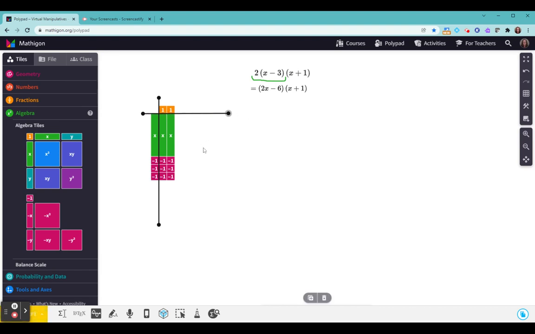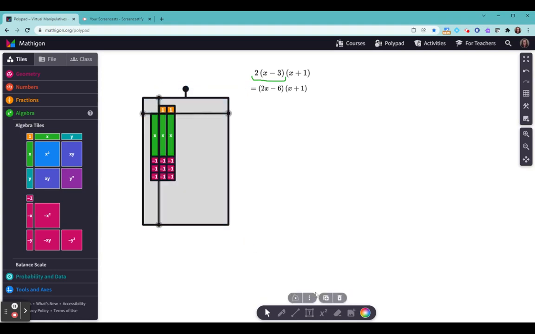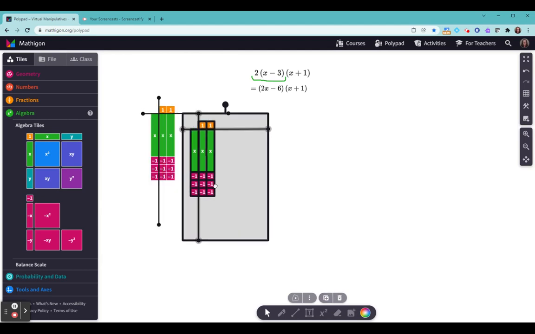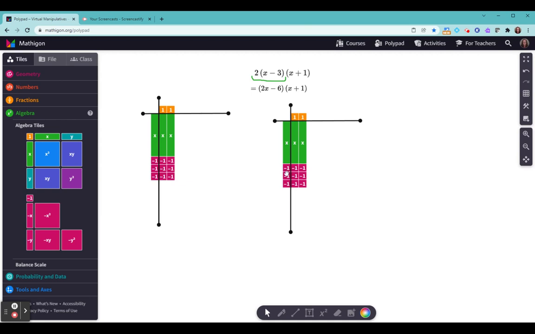So we're going to take this and copy it. And now we need to take what we had on our inside, because that was the answer to our first part, and you need to multiply it by our second binomial.